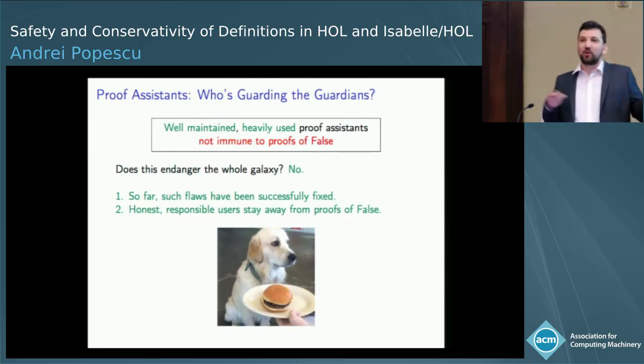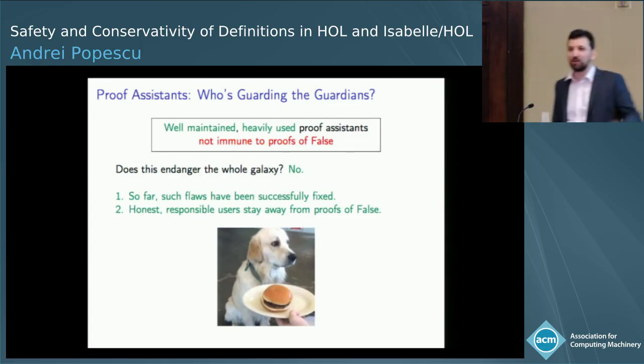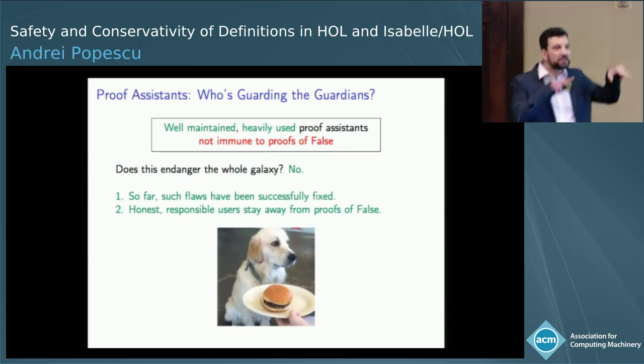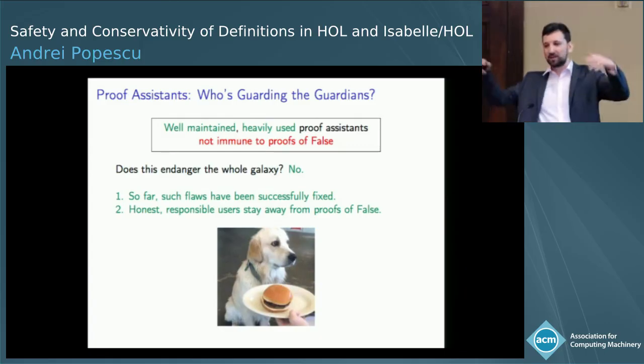A proof of false, of course, being something extremely useful because of the explosion property, but it's not something that waits there on a plate for a malicious user to pick. Obviously, proof assistant users are not these malicious users from the security adversarial models.